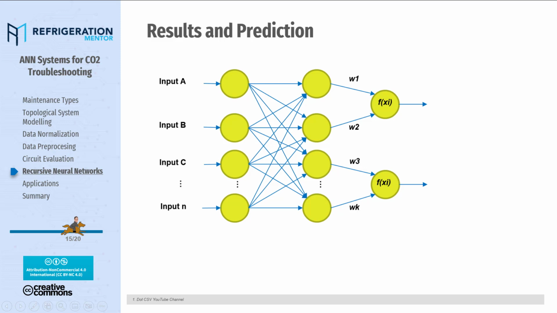Okay, according to this graphic, this is a neural network, which is a computational model inspired by the structure and functioning of the human brain, and it consists of interconnected nodes called neurons. Each one is a neuron, organized in layers.